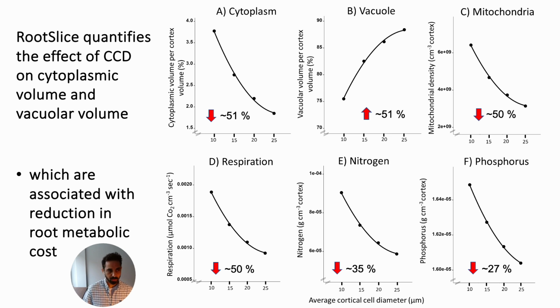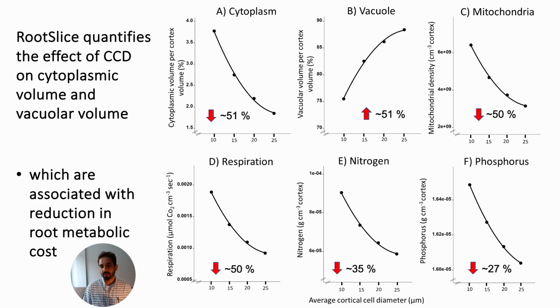And RootSlice also predicted that with a decrease in cytoplasmic volume, there is a corresponding decrease in mitochondrial density per root volume or cortex volume in this case, a reduction in respiration, a reduction in nitrogen needed to maintain and construct that tissue, and then a reduction in phosphorus. These are functions of cytoplasmic volume, so that's why they look all related. And that was one side of the story.